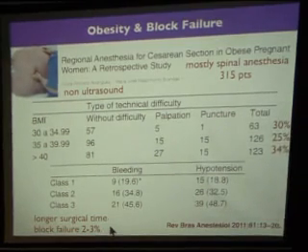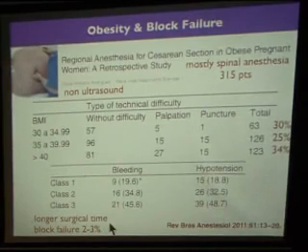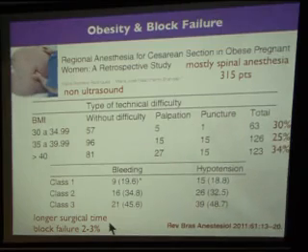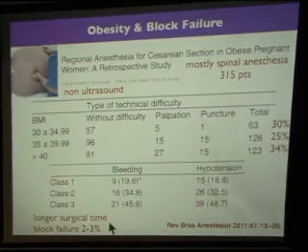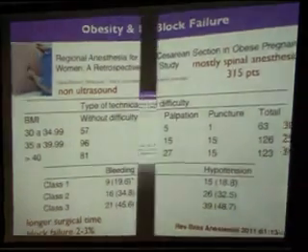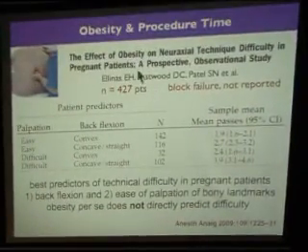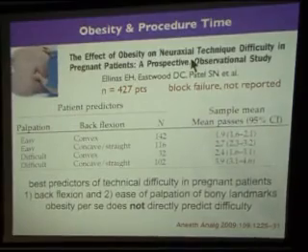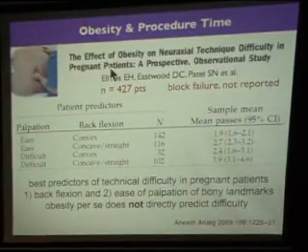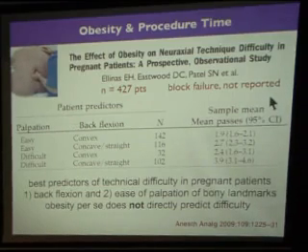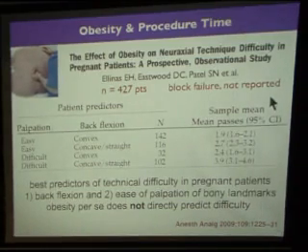One other thing to remember is, since it's not only a challenge to us, but also a challenge to the surgeon, it will take a longer surgical time. So that means we have to time our anesthetic well to match the longer surgical time. Now this is looking at obesity on neuraxial block, again on pregnant ladies, and looking at whether obesity is a predictor of technical difficulty.